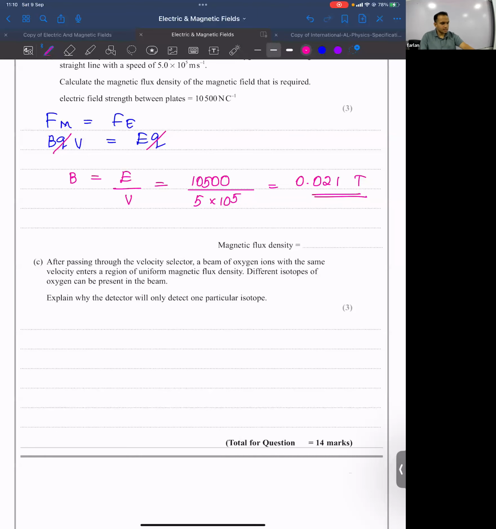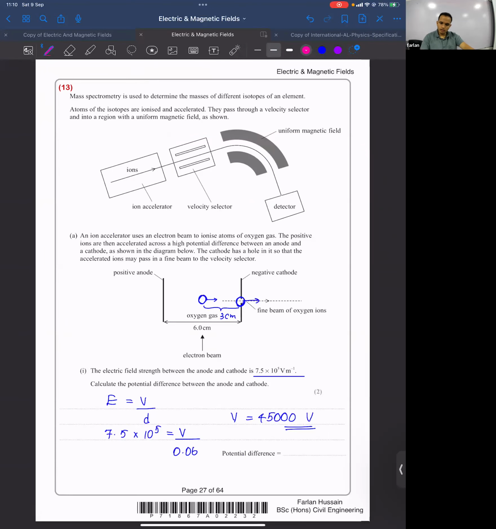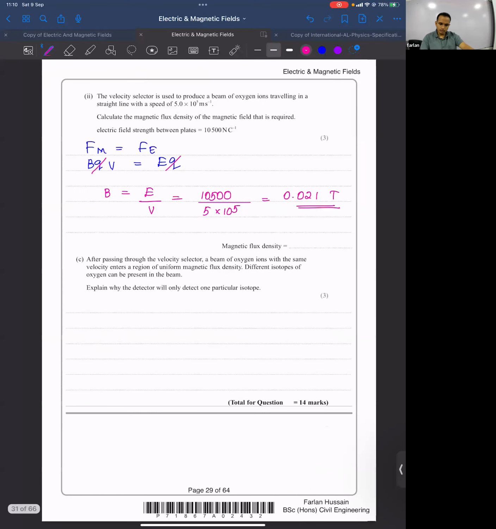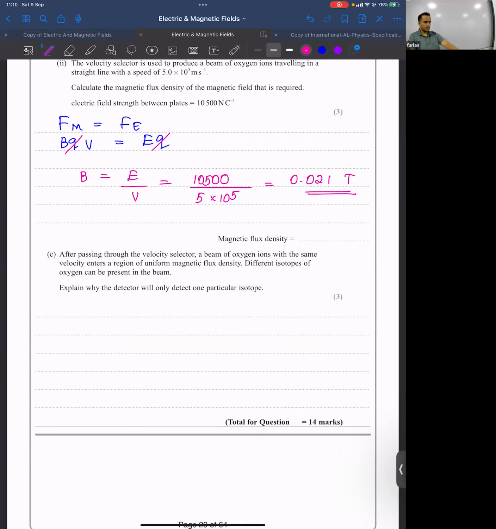After passing through the velocity selector, a beam of oxygen ions with the same velocity enters the region of uniform magnetic flux density.